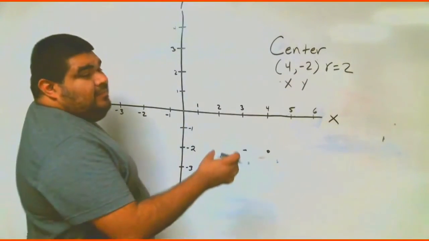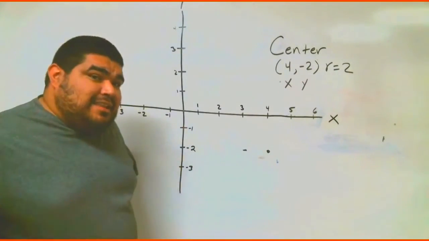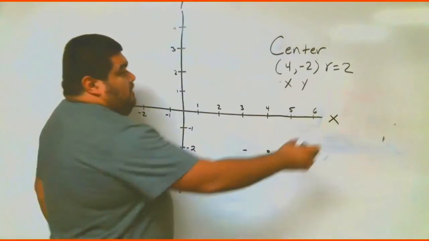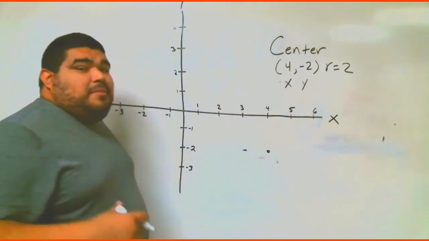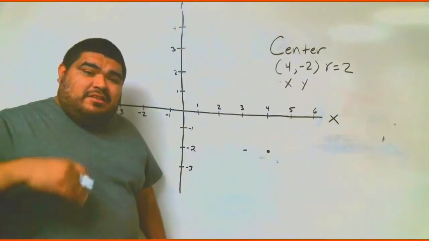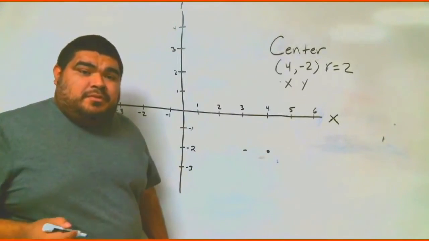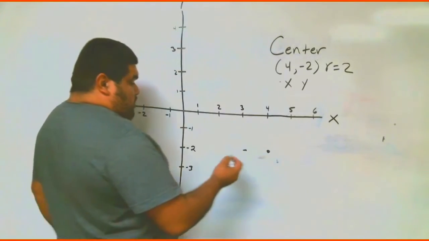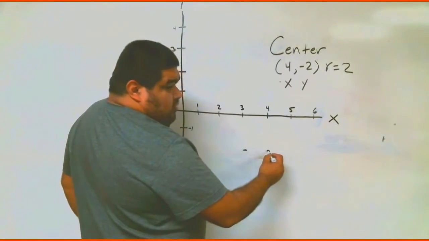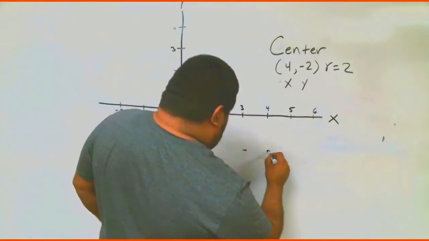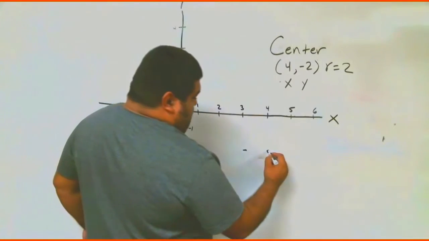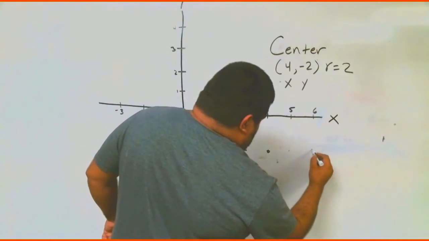Now, since that point has a radius to the outer layer of 2, that means that we're going to go in every direction, 2. So, we're going to go 2 to the right. So -2 still. We have 1, 2.